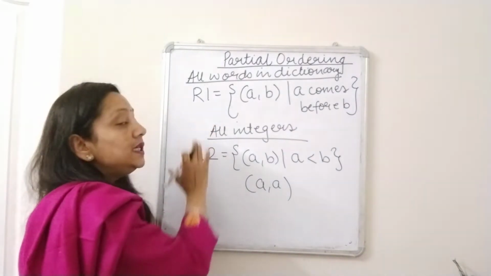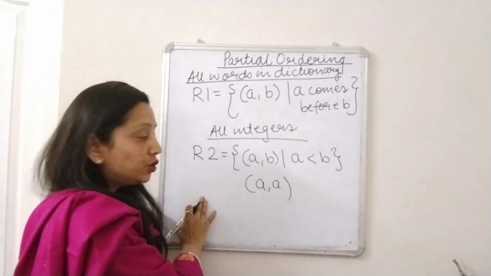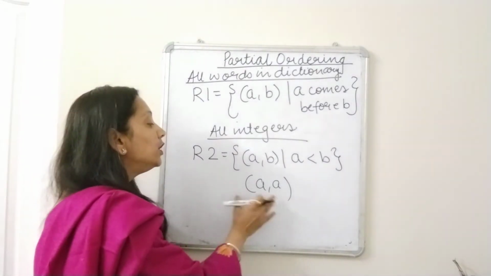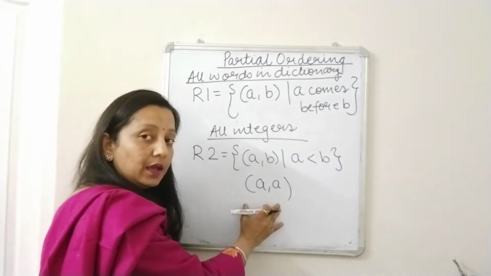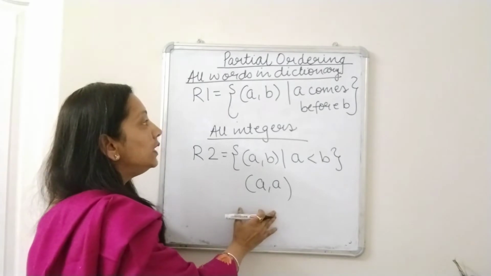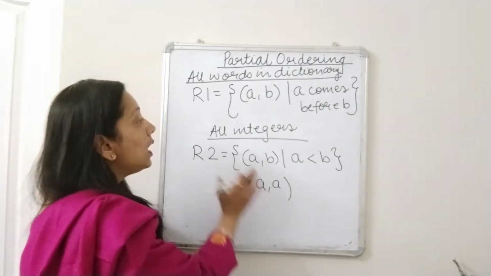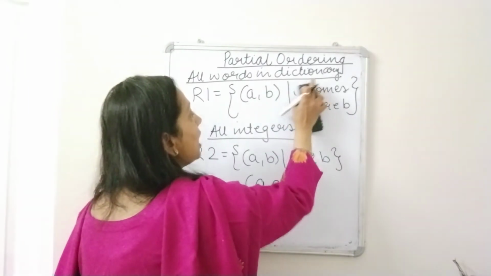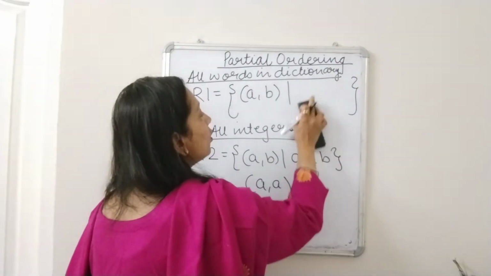Now to these two relations, if I also add an ordered pair A, A, then how will these relations look?